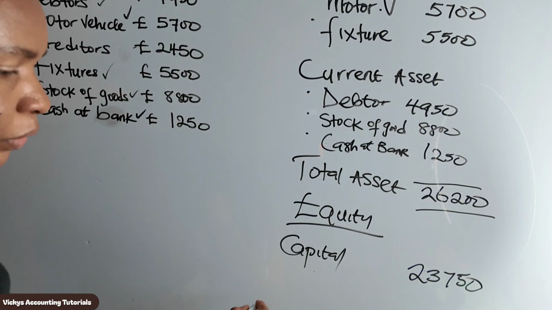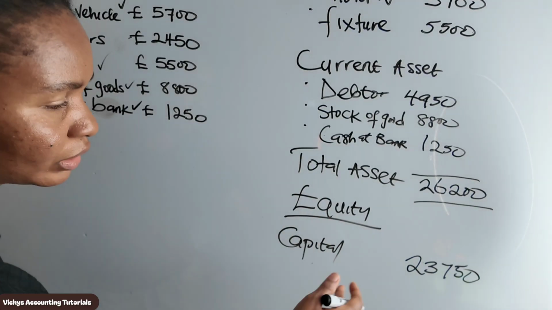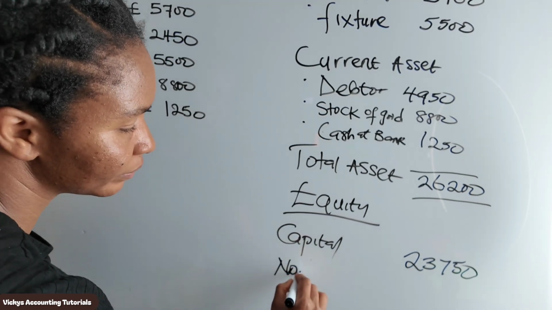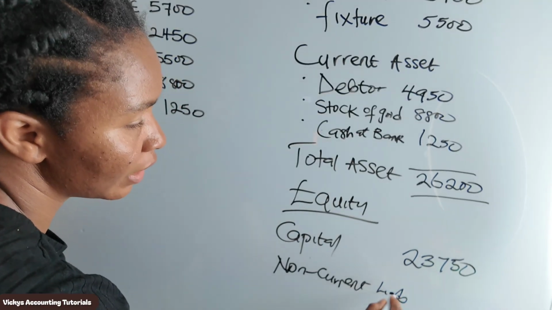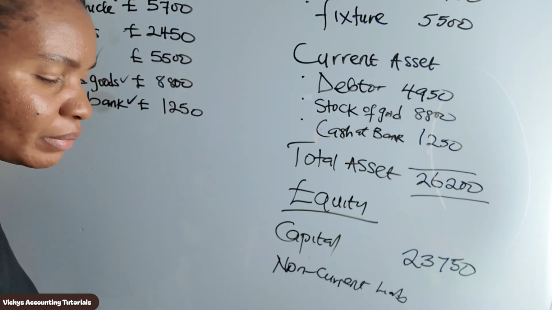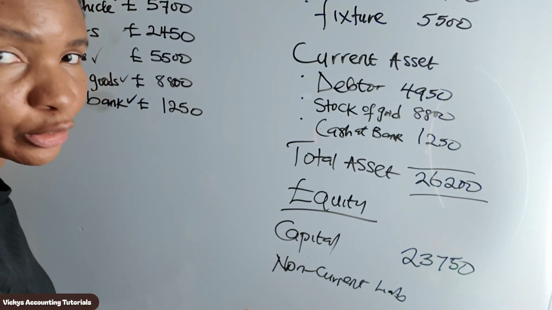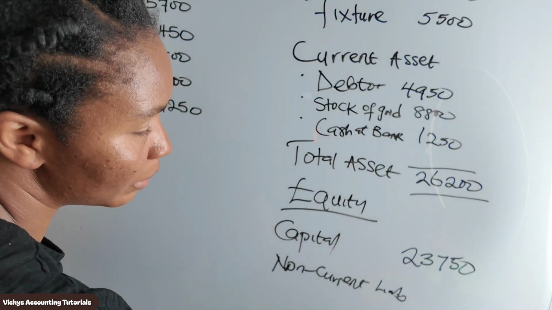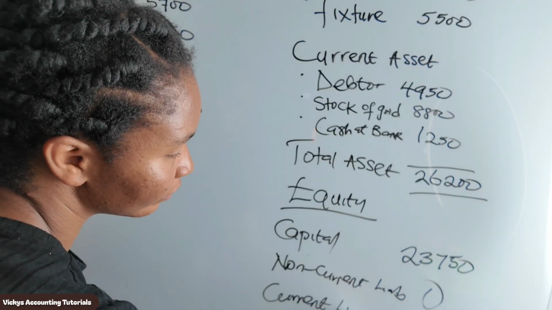The same way asset has non-current asset and current asset, liability also has non-current liability and current liability. But in this regard, we do not have any non-current liability, something like loans or lease. So we're going to write up non-current liability to be 0.